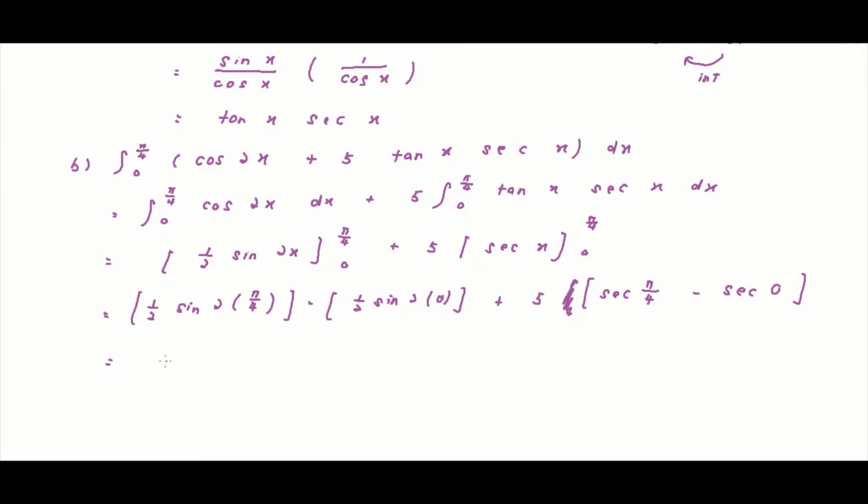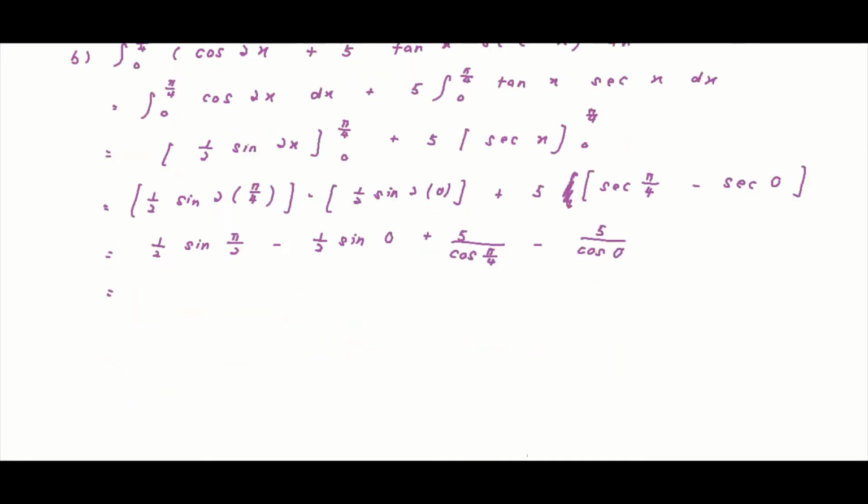Alright, so now let's try to expand it. So 1 over 2 sine pi over 2 minus 1 over 2 sine 0 plus 5 over cos pi over 4 minus 5 over cos 0. So you can just check everything in your calculator to get your answer.